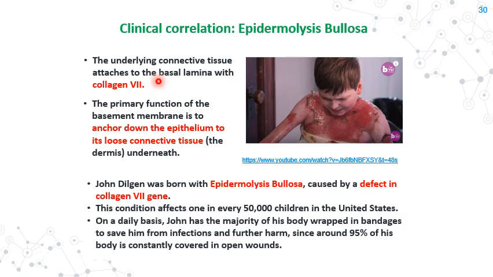That means the skin will just peel off naturally, and the person can end up with lesions throughout the body most of the time, because the skin doesn't stay in place. And this is comparable to burns. So you can imagine this is a very, very painful condition. The name of this condition is epidermolysis bullosa.